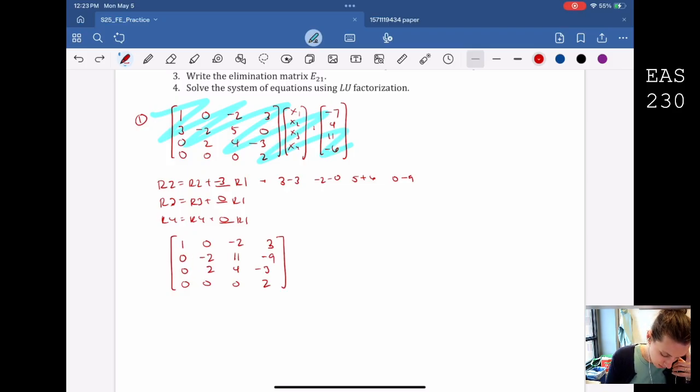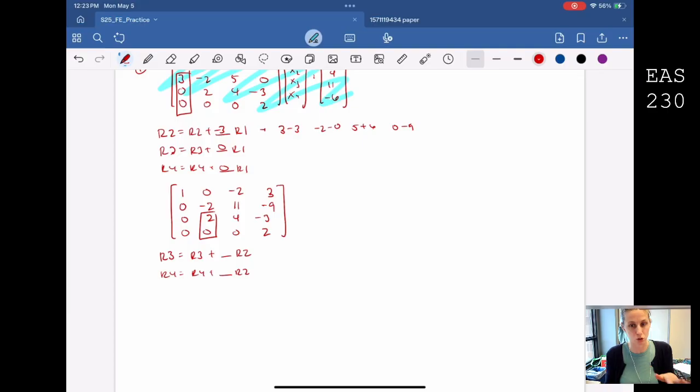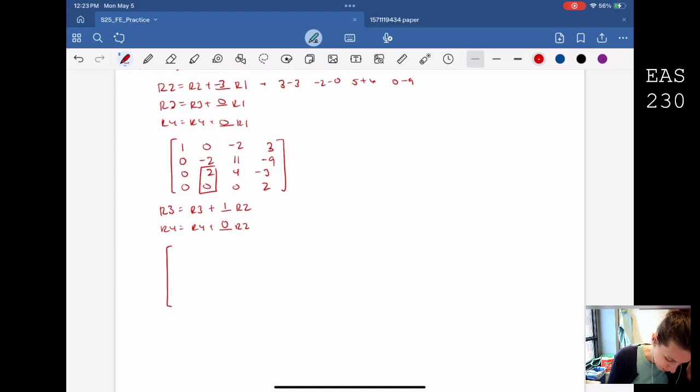Now I'm going to go ahead and get my zeros in column 2. And I can only use these row operations. Row 3 equals row 3 plus some multiple of row 2. Row 4 equals row 4 plus some multiple of row 2. So those are my only options. So I need to figure out these constants. So this would be a 1, and that would be a 0. So row 1 doesn't change.